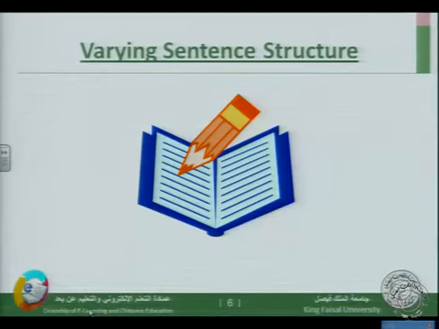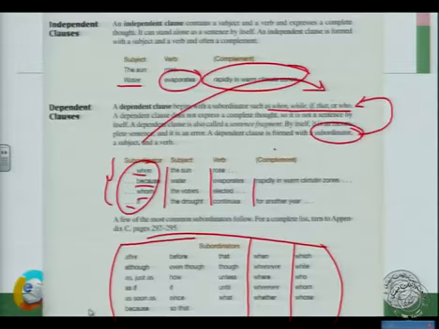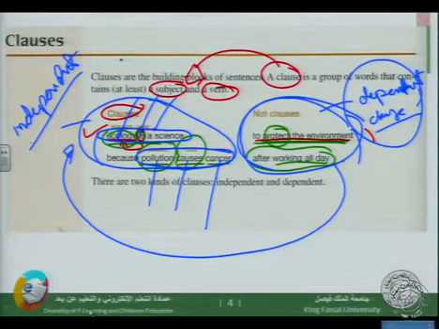Let us now start, after we have discussed the clauses. Now we are talking about sentence structure, because a sentence may have more than two clauses. A sentence like this one: ecology is a science to protect the environment because pollution causes cancer after working all day.